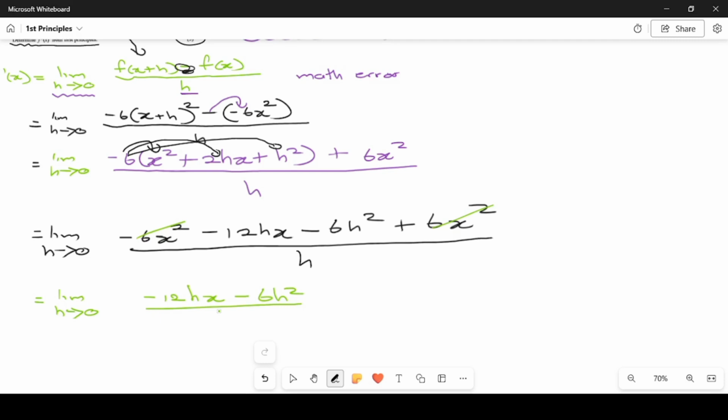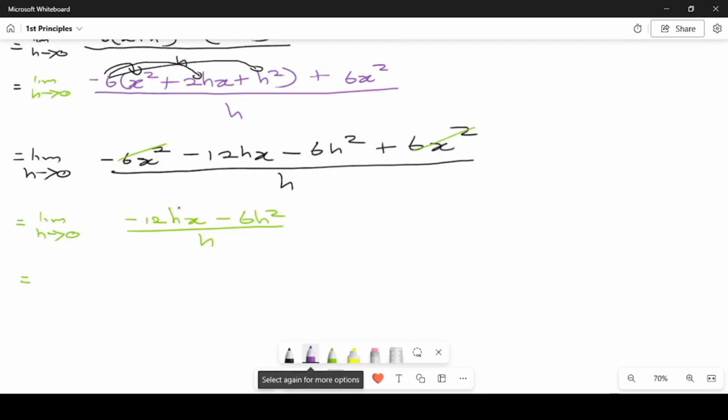Now what you just need to do is factorize that, and you will be sorted. You just need to factor out h so that it can cancel. Remember, you don't want to put that 0 in your calculator, because it's going to give you a math error. So now this is the time where you need to eliminate the denominator by factoring h out.